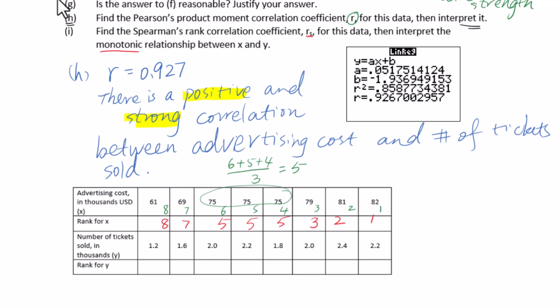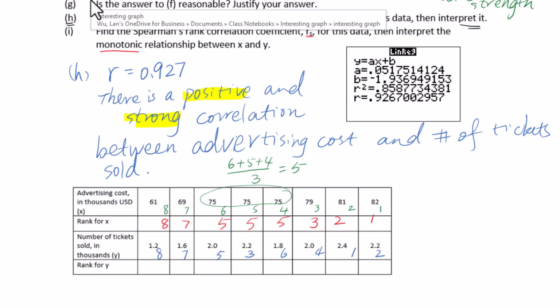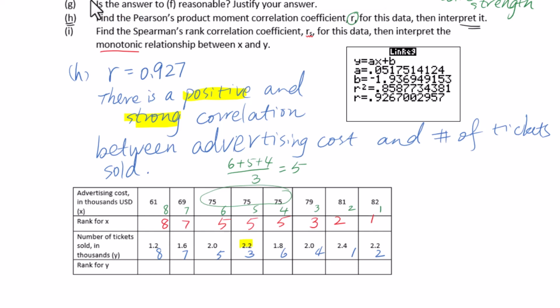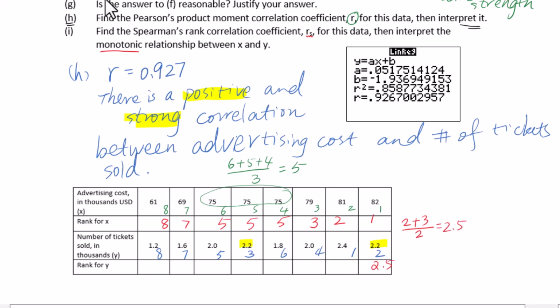For y, we will do the same thing. Then check whether you have the same value. We have 2.2, 2.2, ranks 2 plus 3, the sum of the rankings divided by 2 is 2.5. So we have 2.5, 2.5.